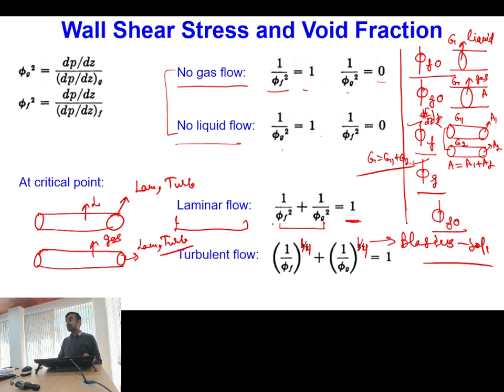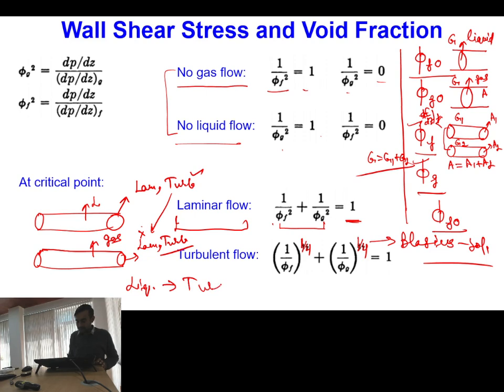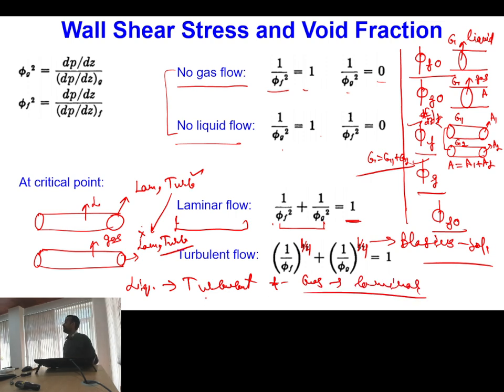Out of these, there are chances of rare occurrence of one combination. Which combination will be rarely occurring? Liquid turbulent and gas laminar. Okay, so if you have liquid as turbulent and gas as laminar, the chances of occurrence of this are very low.